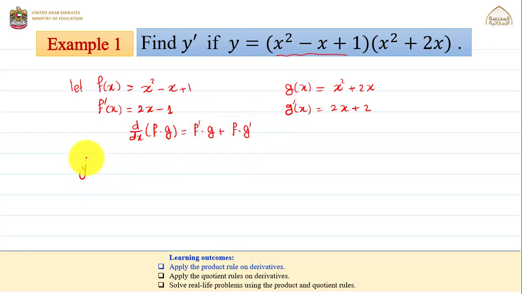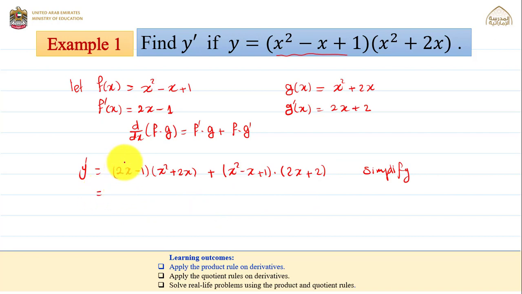Then we find y prime equals f prime, which is 2x minus 1, times the second function x to power 2 plus 2x, plus the first function x to power 2 minus x plus 1 times the derivative of the second function, which is 2x plus 2. Now we only need to simplify to get our derivative.